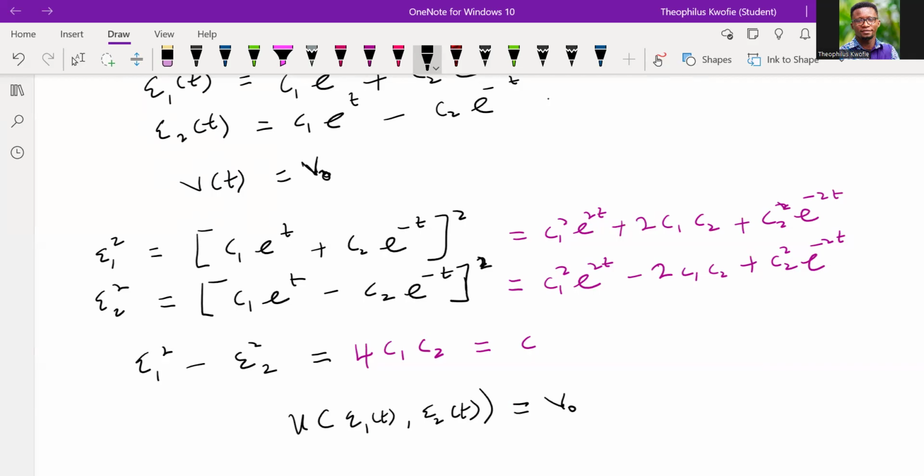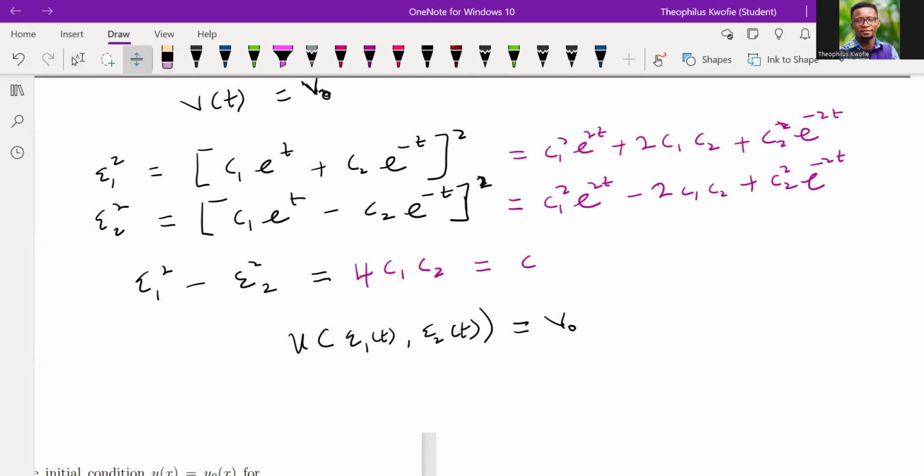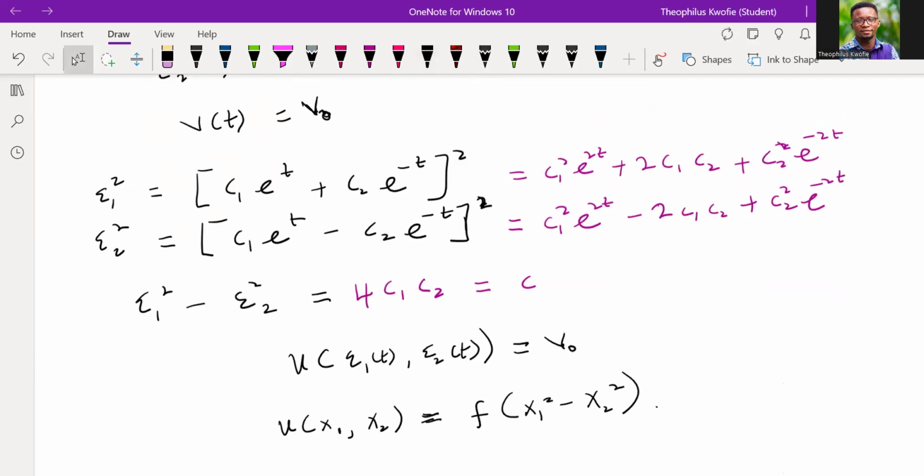So we may want to find something of this nature, because their difference gave us some constant. So we may want to find a solution u(x1, x2) of the form a function of x1 squared minus x2 squared. But can this really be a solution to the given PDE?